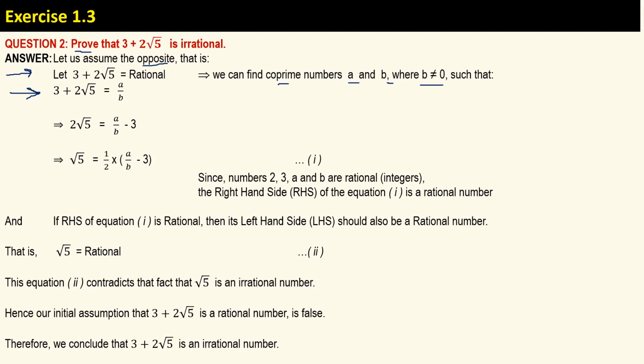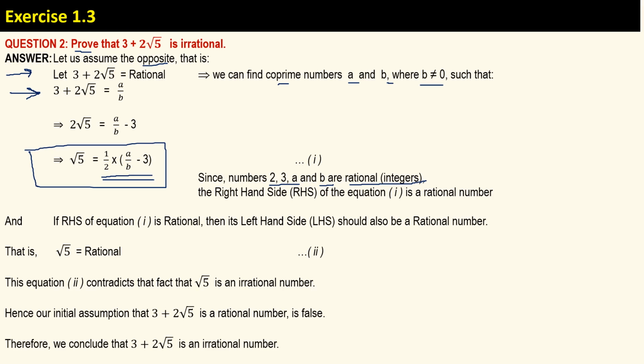Now if we rearrange this, we get square root of 5 is equal to half times a by b minus 3. Now if we see this equation carefully, on the right hand side we have numbers 2, 3, a and b. All these four numbers are rational integers.